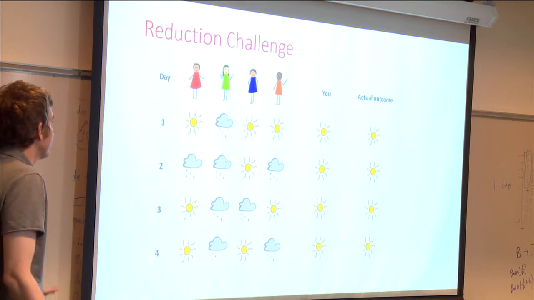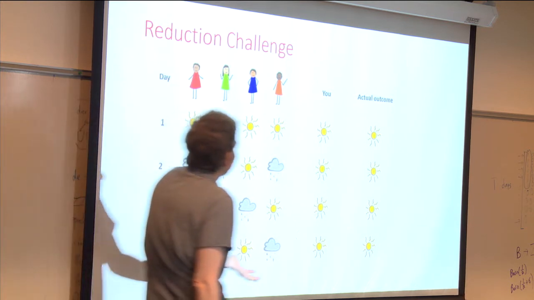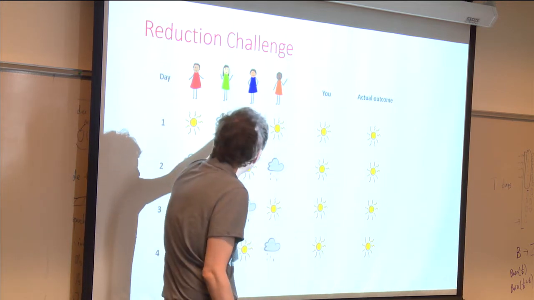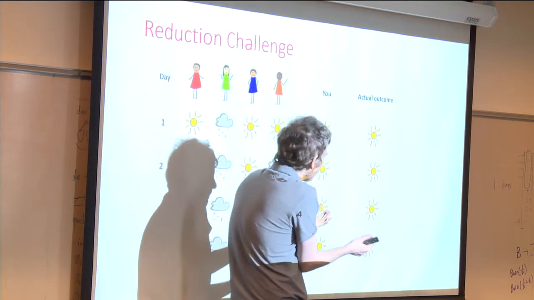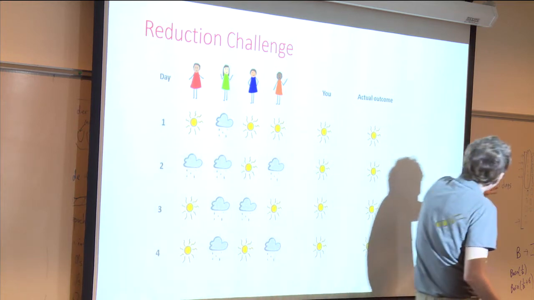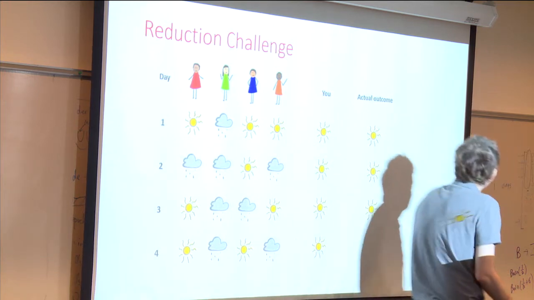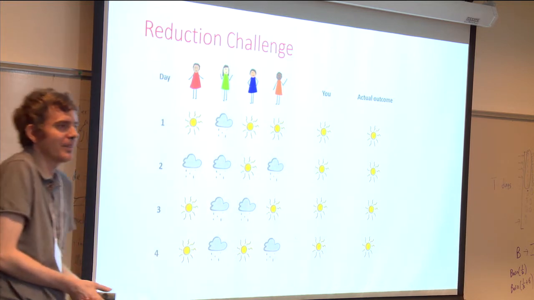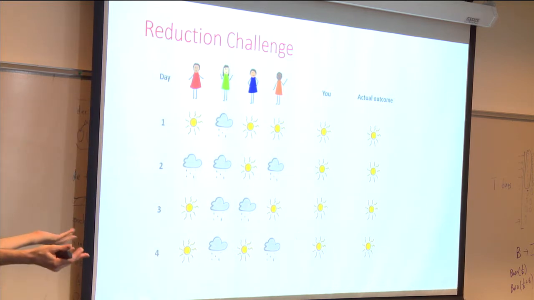Then, if the actual outcome is 1 on every day, and the best expert has a biased coin, so has t over 2 plus epsilon t ones, then I'll be as good as the best expert. And I learned nothing about the communication problem. I didn't solve it, of course.